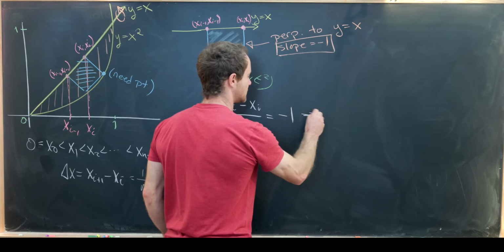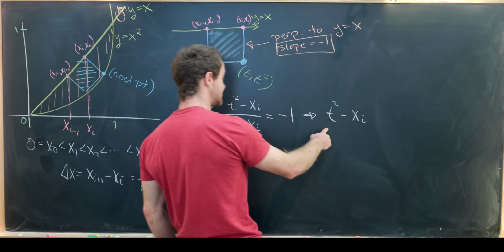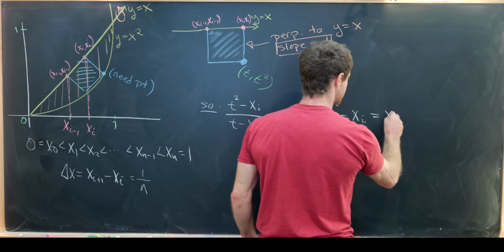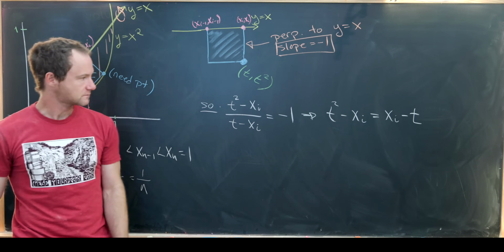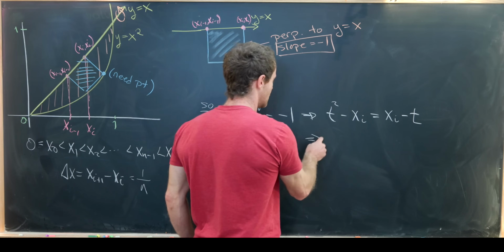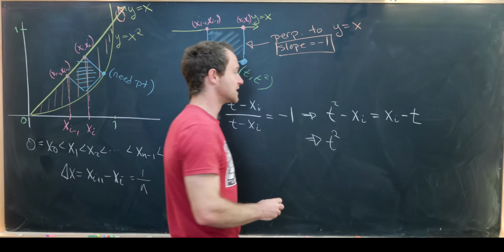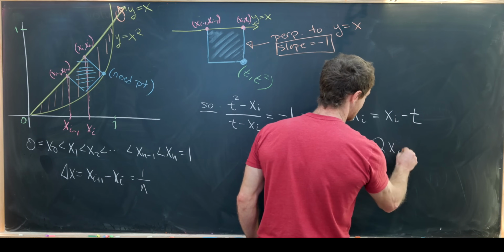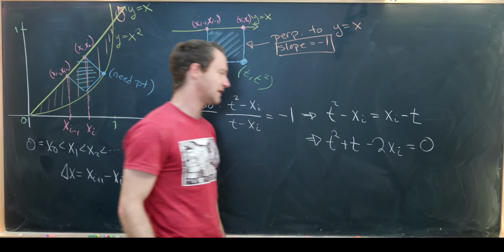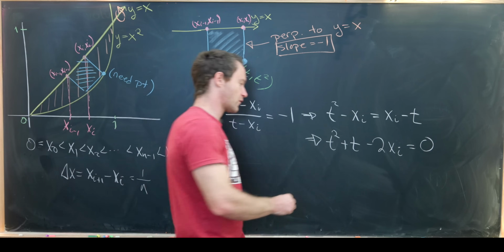But now cross multiplying, we very quickly get t squared minus x_i equals x_i minus t. And then moving some things around, we see that we have a quadratic equation where t is the variable. So we have t squared plus t minus 2 times x_i is equal to 0, keeping in mind that x_i is a constant. We can use the quadratic formula here.